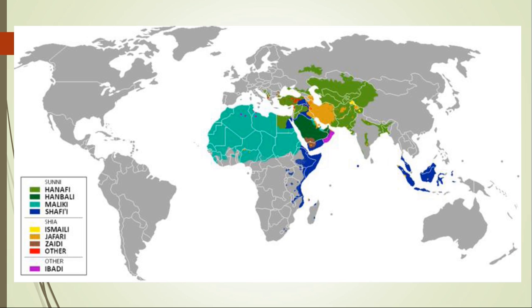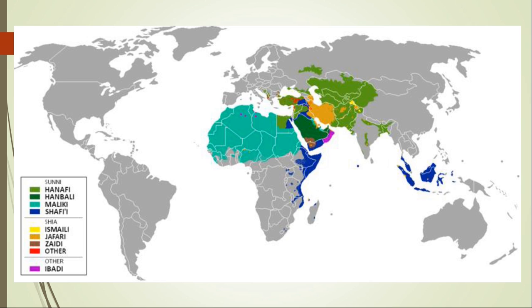Sunni is more towards believing in the things that have been passed down by the Prophet's friends, the Sahaba, and Shia is concentrating on the descendants of Rasulullah.